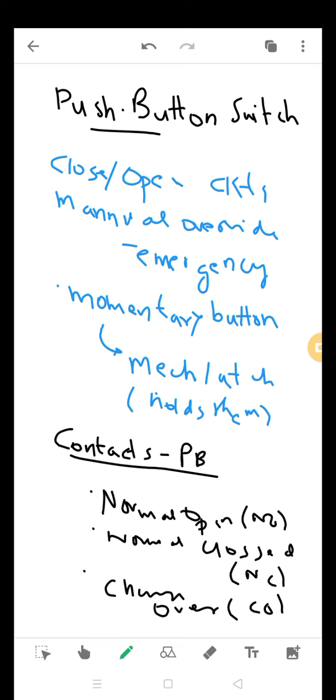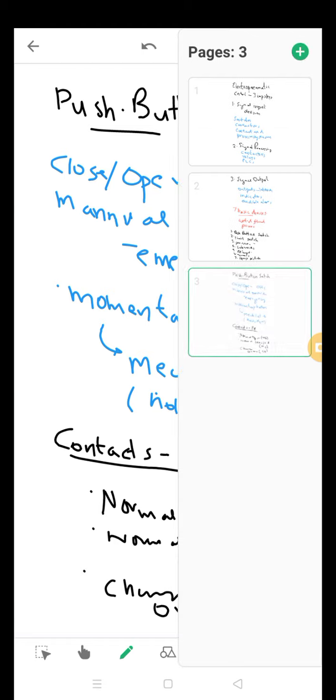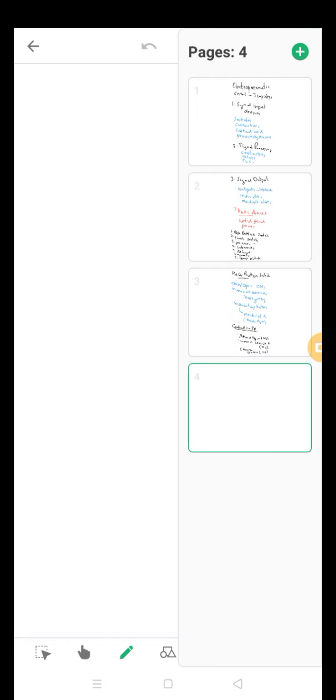The schematic representation of the momentary contact type is like this.